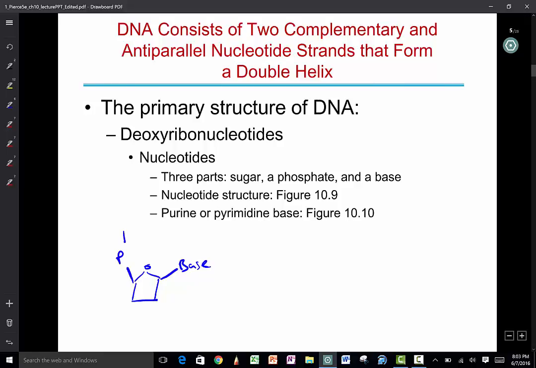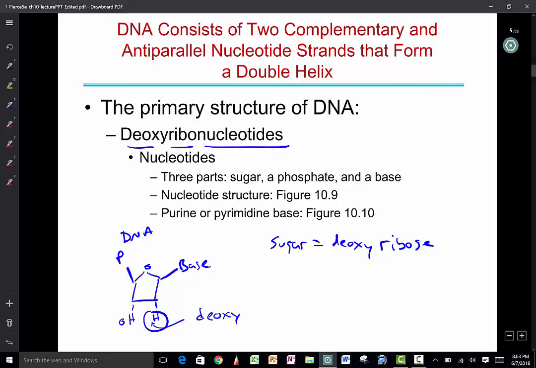If it's a DNA nucleotide, there's no oxygen there, so it's deoxy. So the sugar equals deoxyribose, which makes it deoxyribonucleic acid, or the individual parts are deoxyribonucleotides.